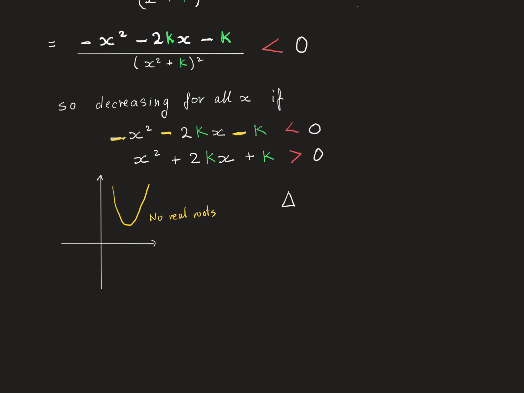Remembering that if the discriminant is less than 0, there will be no real roots. If the discriminant is equal to 0, one double root. And if the discriminant is greater than 0, then there are 2 roots.